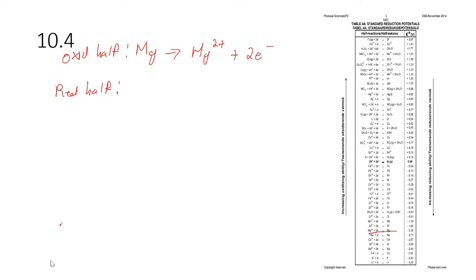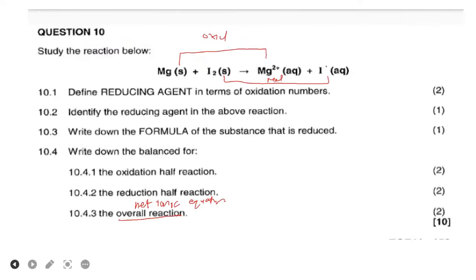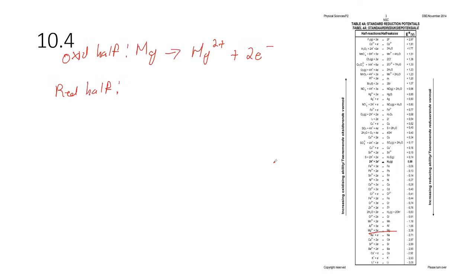For the reduction half, what is it that we have? It's iodine. So where is iodine? There we go, with a reading of 0.54. But now I have to write it exactly as it appears, because remember, it's the reduction half. So this will give us I2, plus 2e, to 2I minus, right? So you write it exactly as it appears.